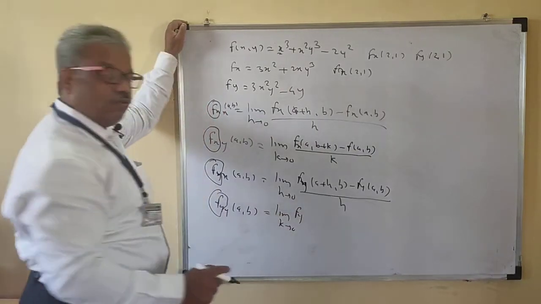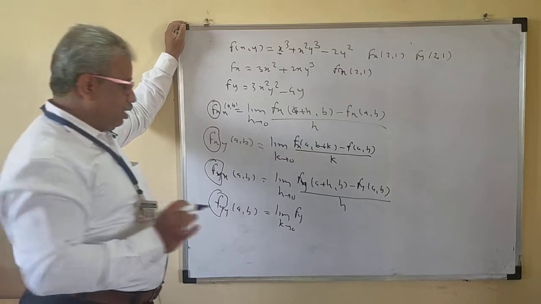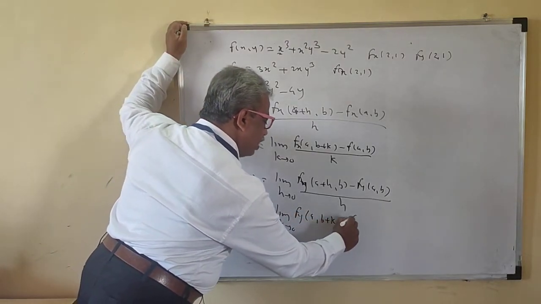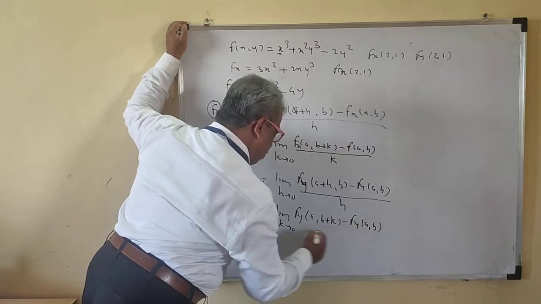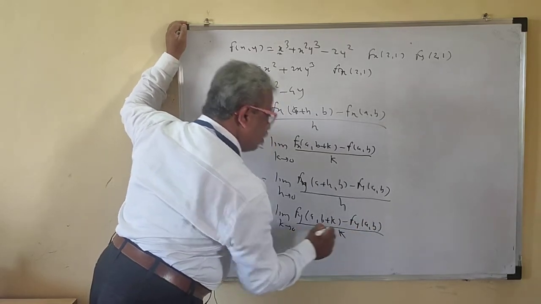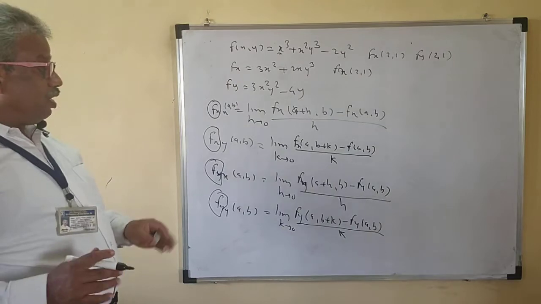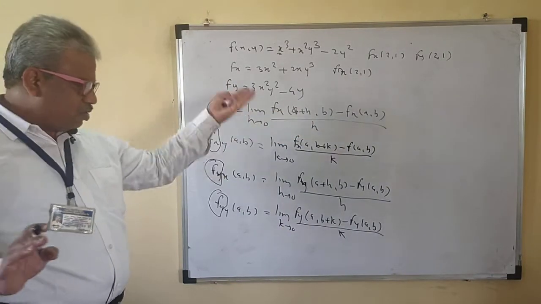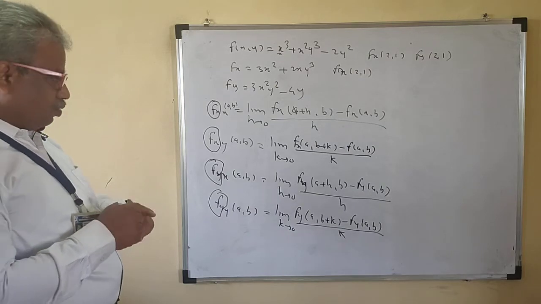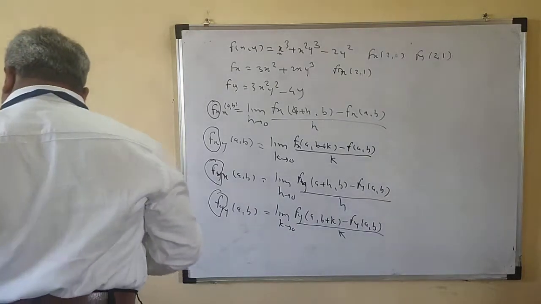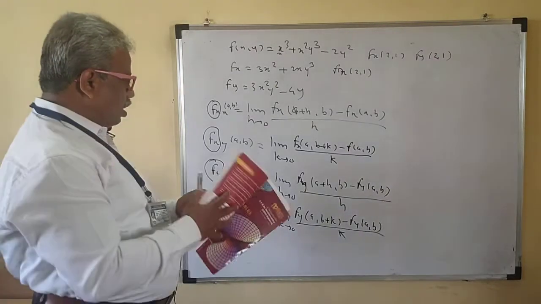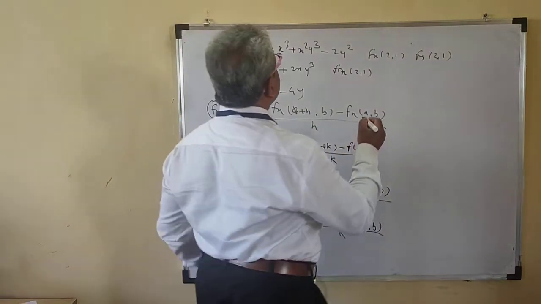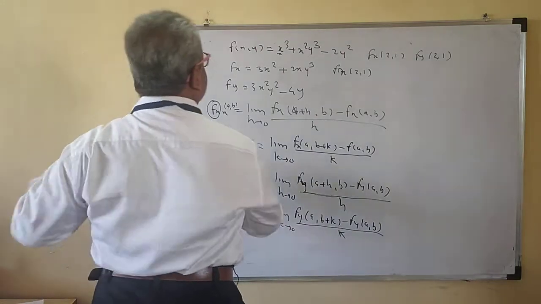You have to increase the y coordinate of fy by k. So this is fy of a, b plus k minus fy of a, b upon k. These are the second order formulas. You should remember this. If it is at 0, 0, then replace a as 0 and b as 0, and you get the formula. These are the second order definitions.